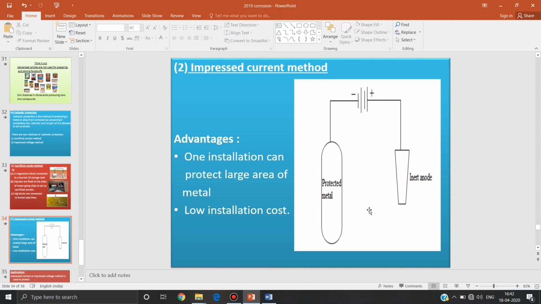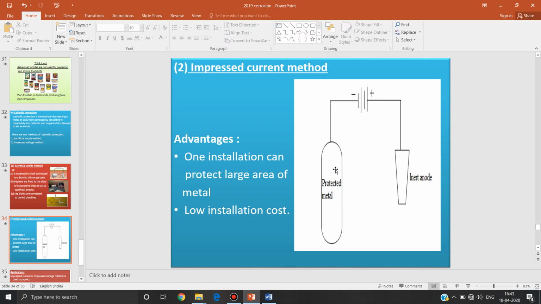The second one is the impressed current method. Here we connect the base metal, which will act as cathode, and a separate inert anode. Usually lead is taken as anode, or even graphite can be taken as anode. These are connected to an external energy source.